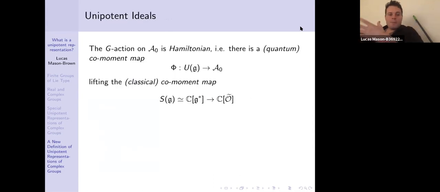And so this is automatically an equivariant quantization of the ring of functions on O tilde. And in fact, more is true. It's a Hamiltonian quantization, which means there is a distinguished filtered algebra homomorphism from UG to A0, which lifts the classical co-moment map, which is the natural one from SG to C O tilde.